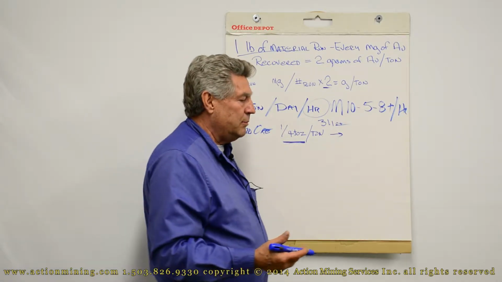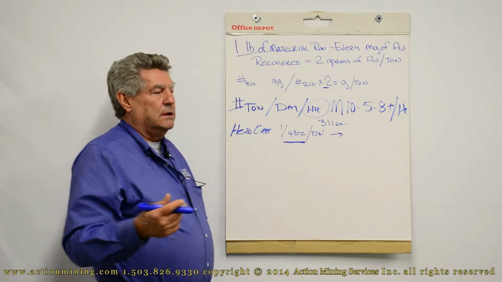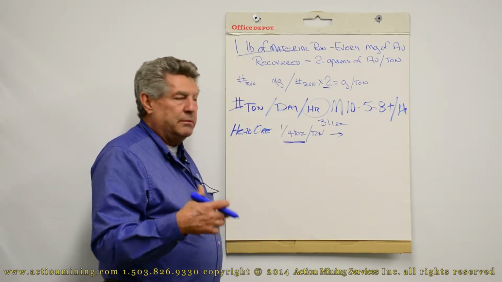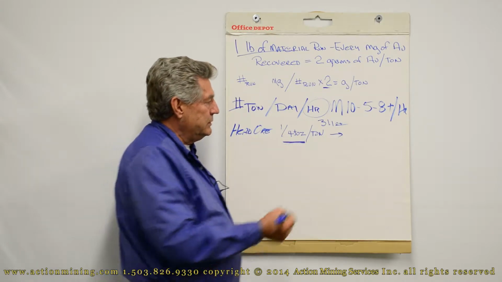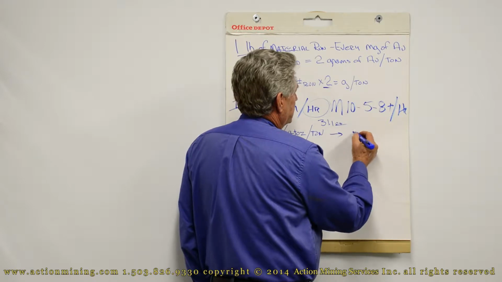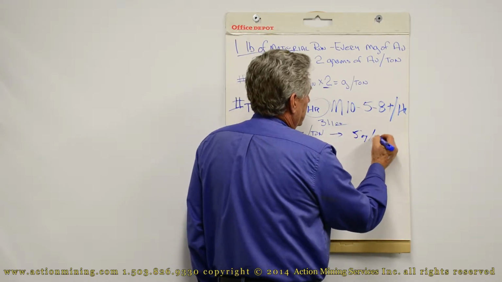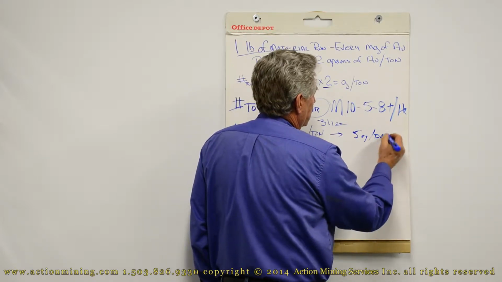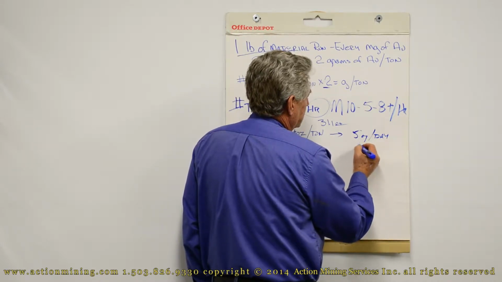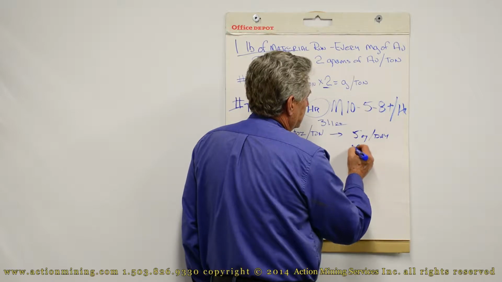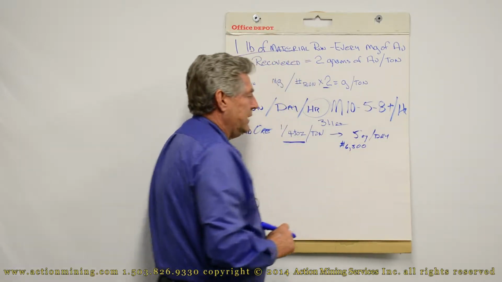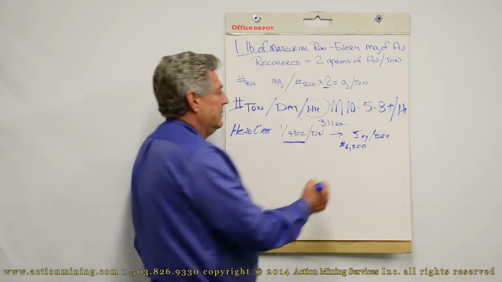If you're a small operation, you can run 25 to 50 tons a day and make it economical with this, because if you ran 20 tons times 1/4, that's 5 ounces a day. At $1,300, that's $6,500 a day.